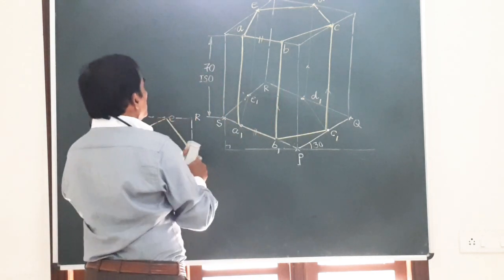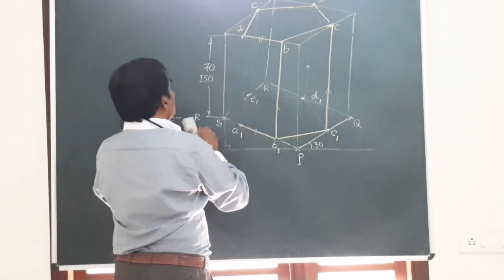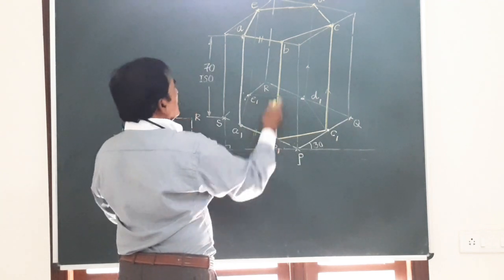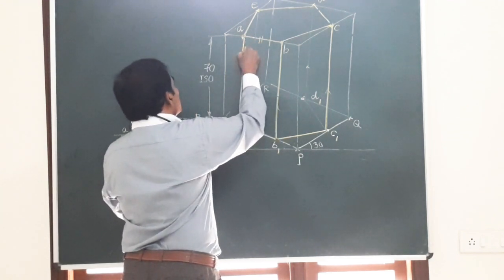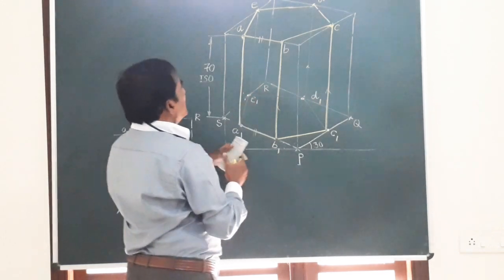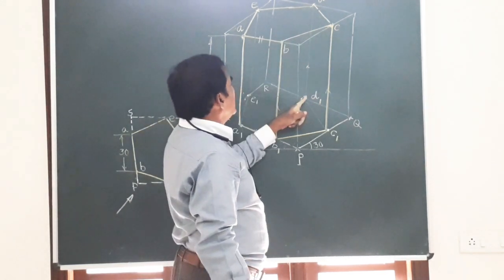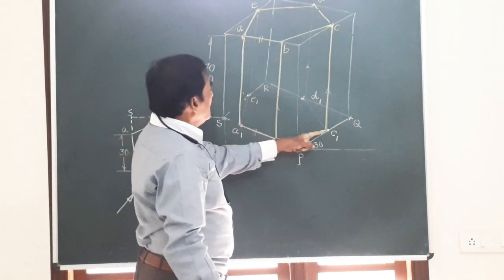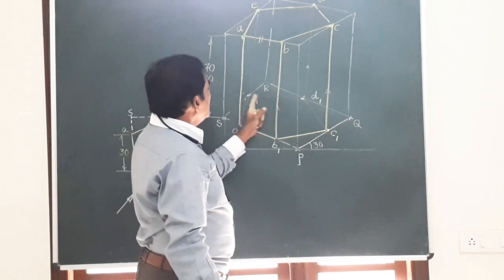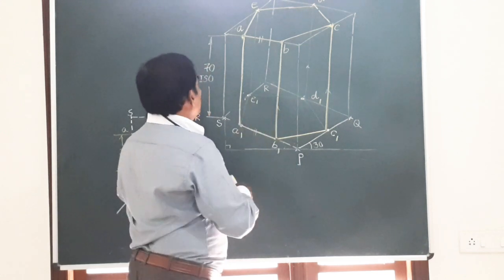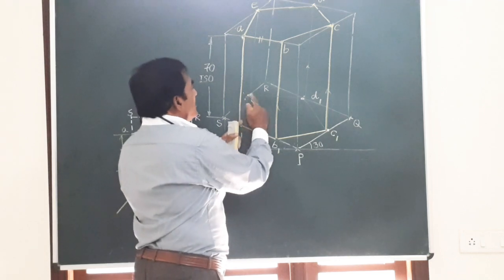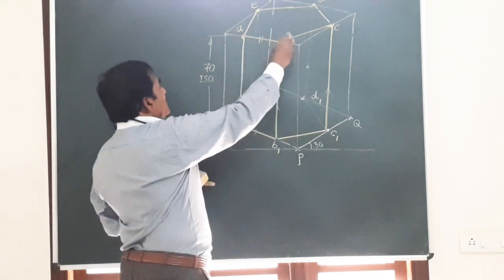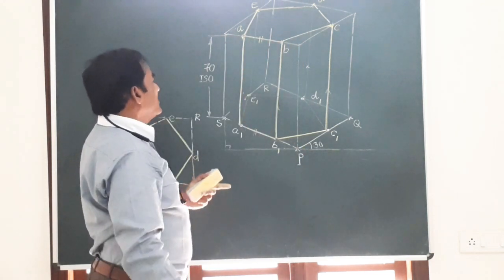So what is visible to us is only these vertical edges, AA1, then BB1, then CC1, whereas the other two vertical edges, namely DD1 and EE1, and the shorter edges of the bottom face, namely C1D1 and E1D1, these are not visible, whereas all the edges in the top face are completely visible.